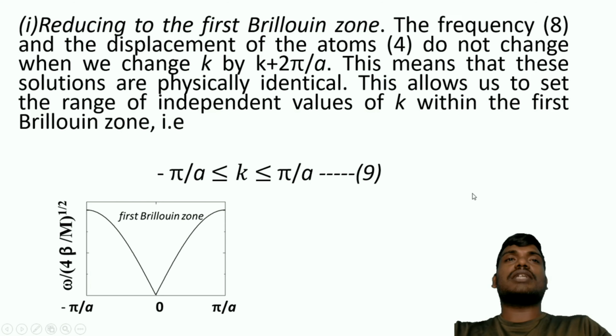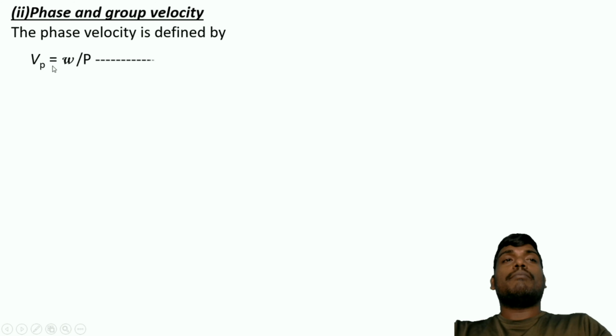Next one is the second point: phase velocity and group velocity. What is the phase velocity? What is the group velocity? The phase velocity is defined as Vp equal to omega by k, equation number 10.